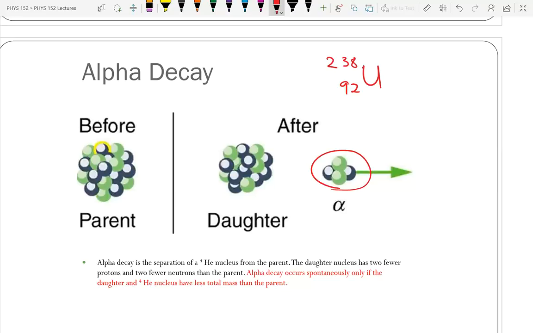We call it an isotope if it has the same number of protons but different numbers of neutrons for uranium. If that uranium undergoes an alpha decay, it has an alpha particle that has 2 protons and a total mass number of 4 because it's 2 protons, 2 neutrons.